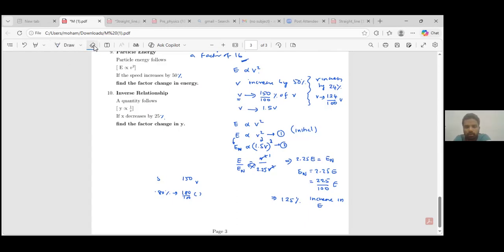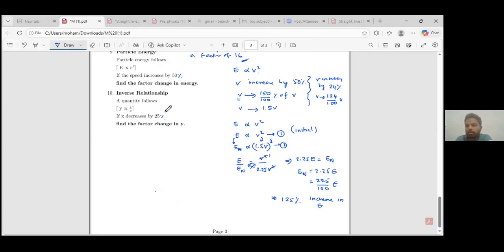Okay. So now it's decreasing by 25%. So x decreases by 25%. Earlier, let's say it was x.